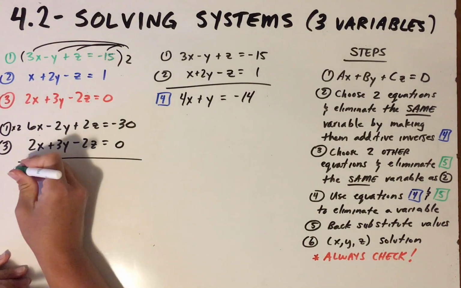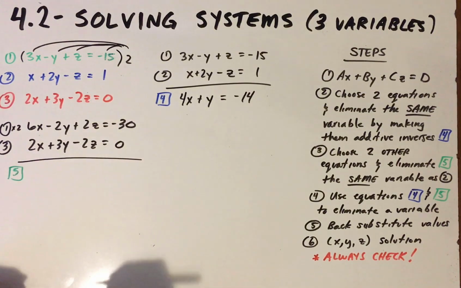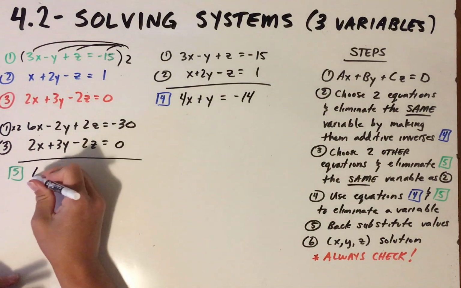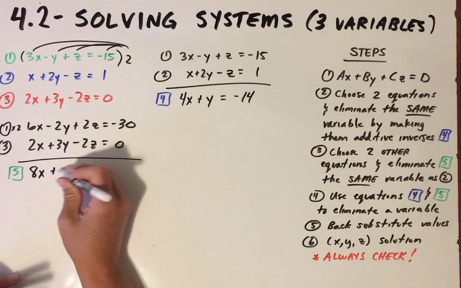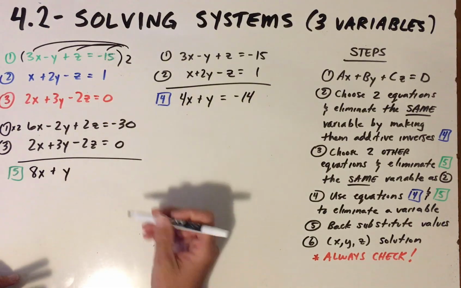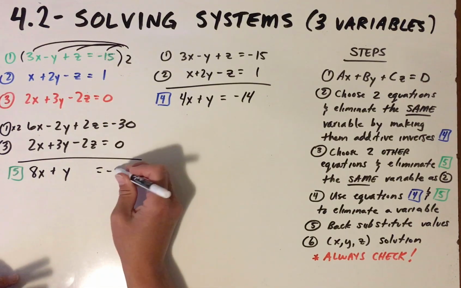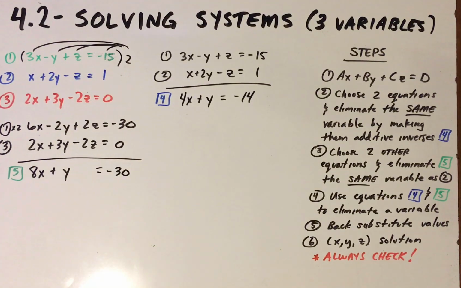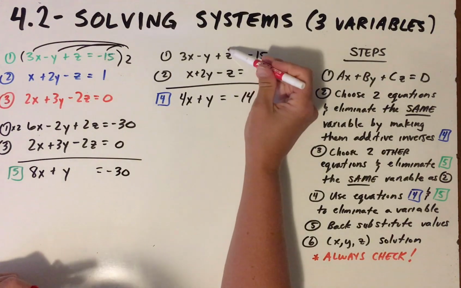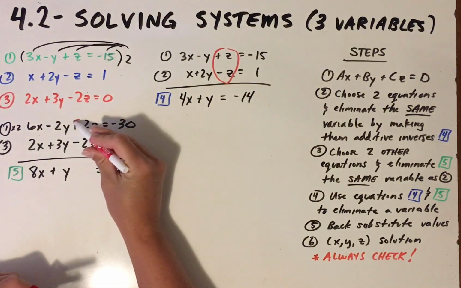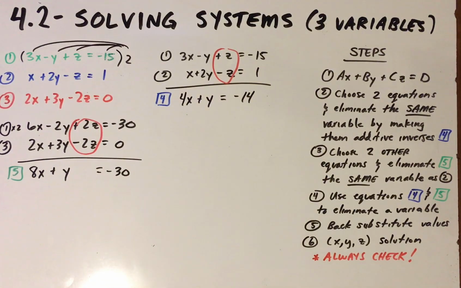So when I add these together, I'm going to get an 8x plus y. The z's sum to 0, that's why I did that, and it is going to be equal to a negative 30. So again, both times here, these sum to 0 and these sum to 0. That's the point, I'm eliminating z.